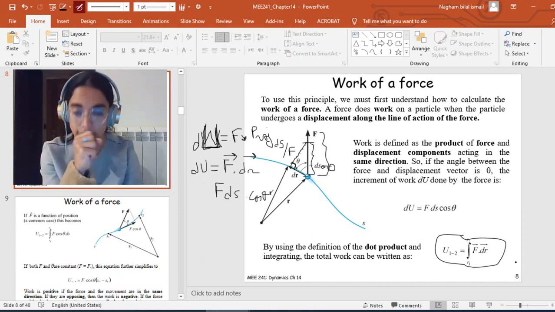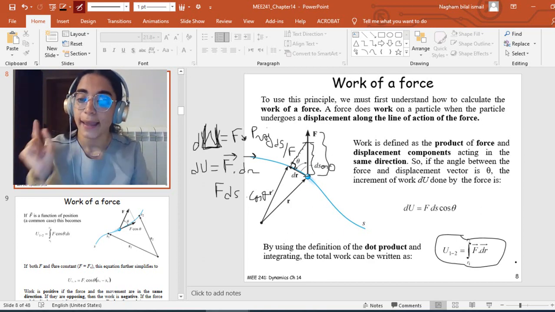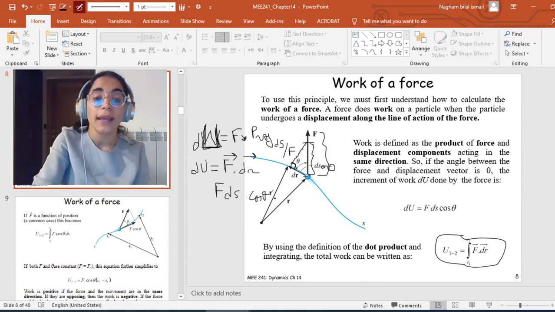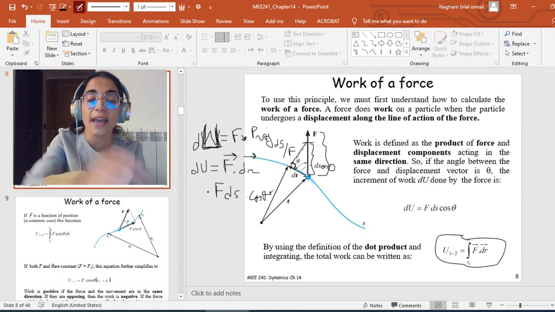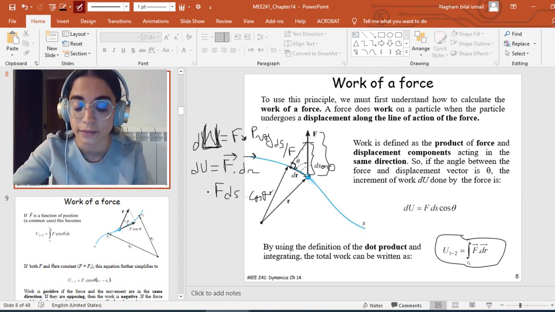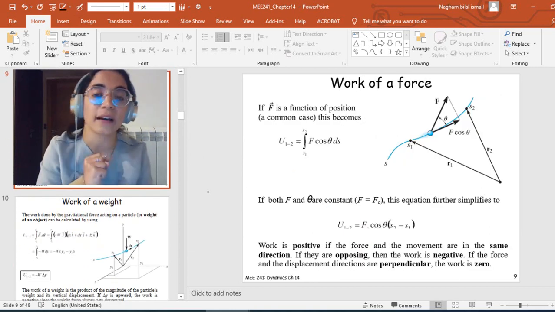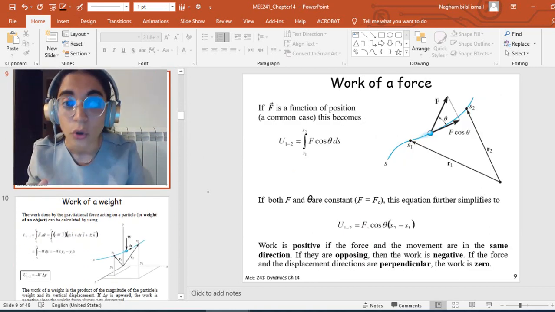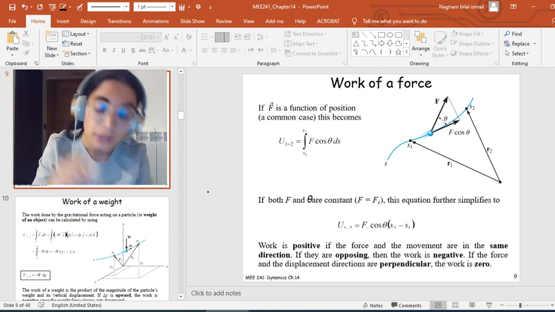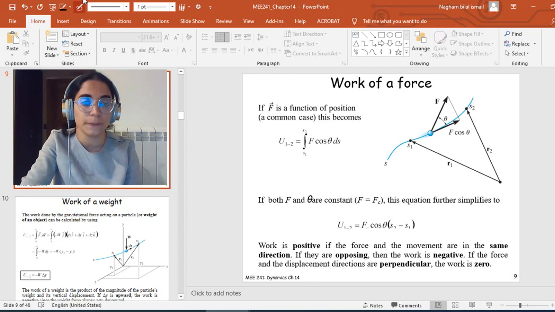So in order to do this, let's substitute F dot dr by its equation as a scalar product, which is F ds cosine theta. And let's take the case where F is constant. So as I said, guys, if F is constant with respect to the position, then F could be removed from the integration.